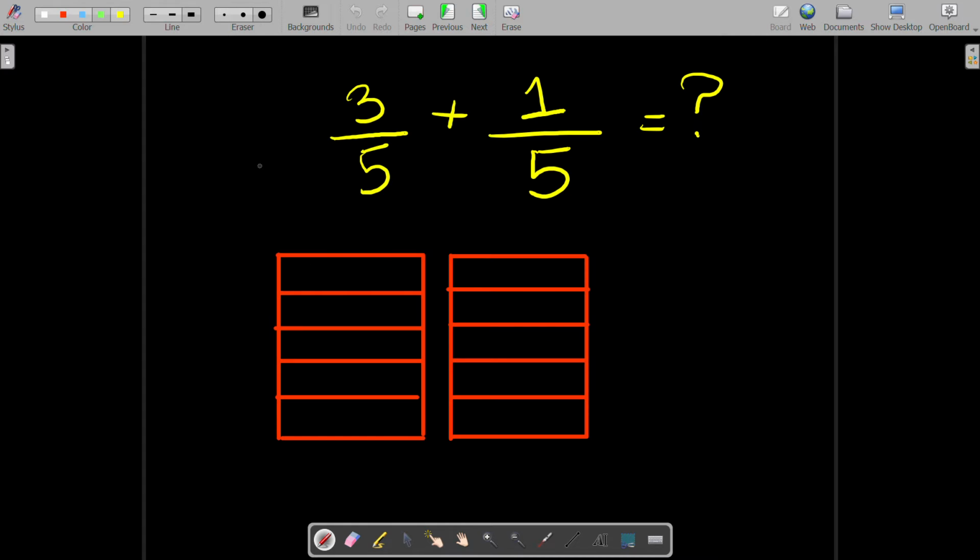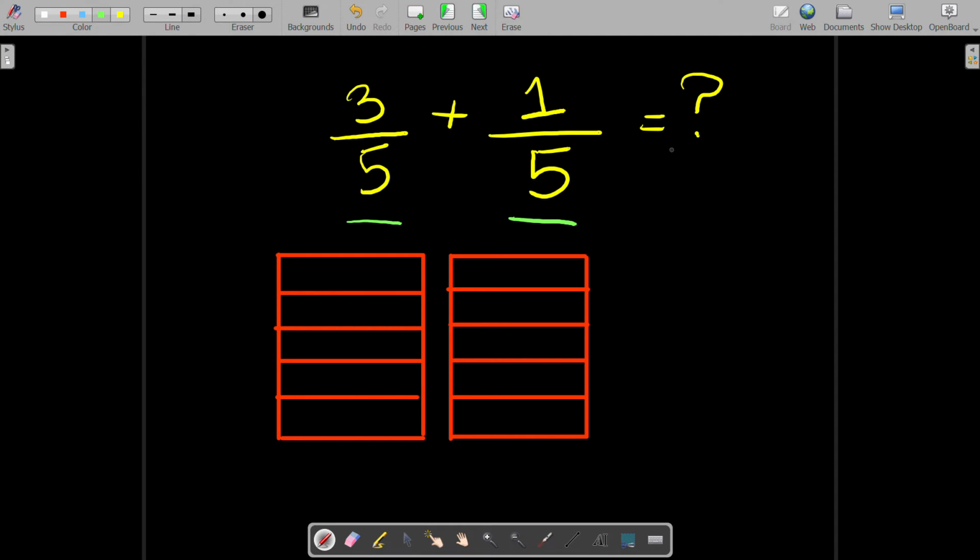Okay, let's start off with question number 1. It says 3/5 plus 1/5 equals question mark. Okay, so the first step was to check the denominators. So as we can see here, the denominators are the same. So that allows us to add the fractions.